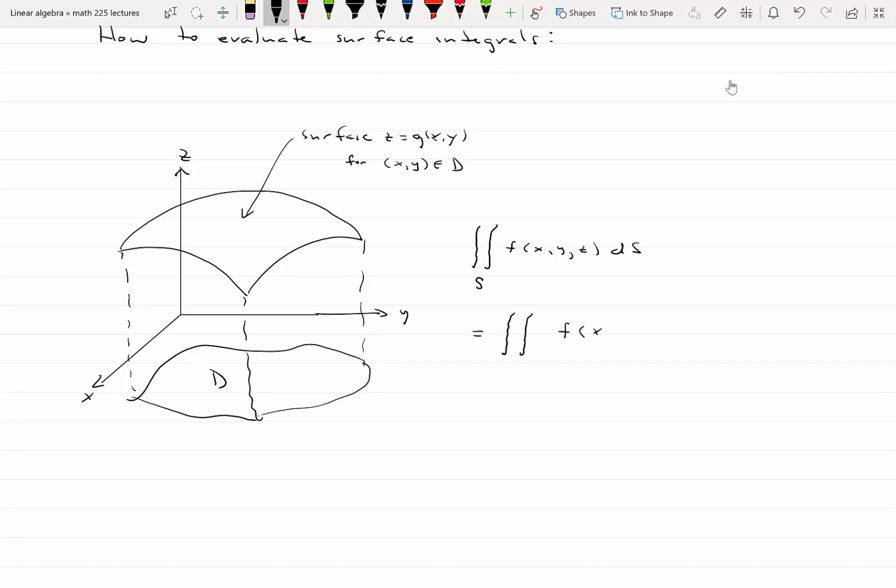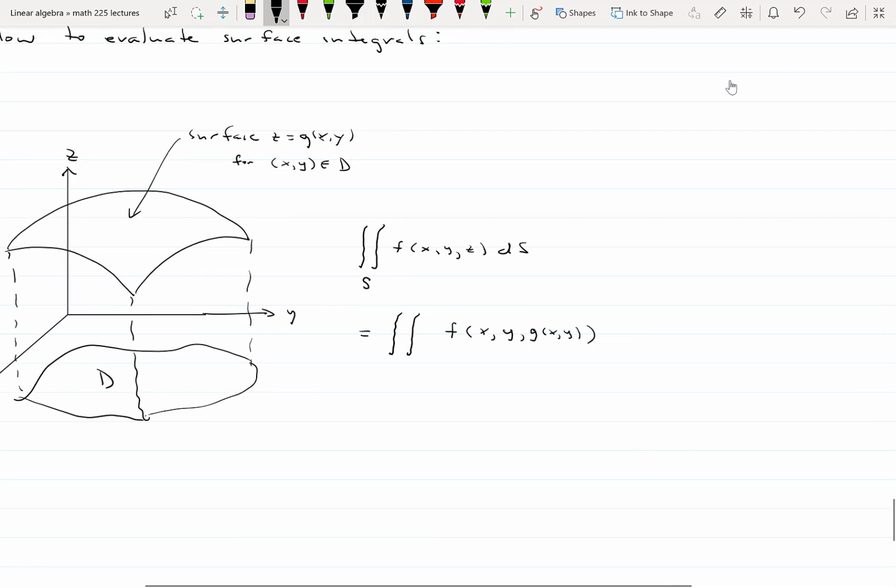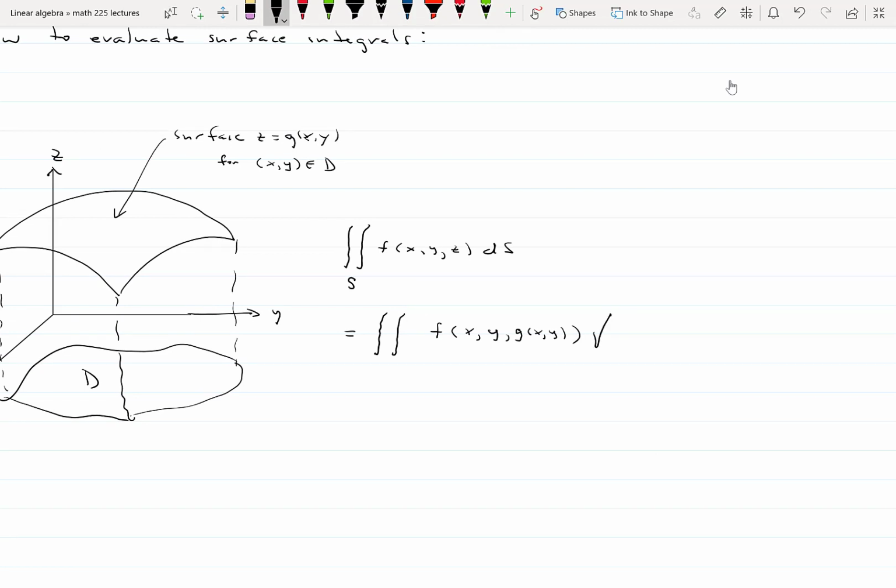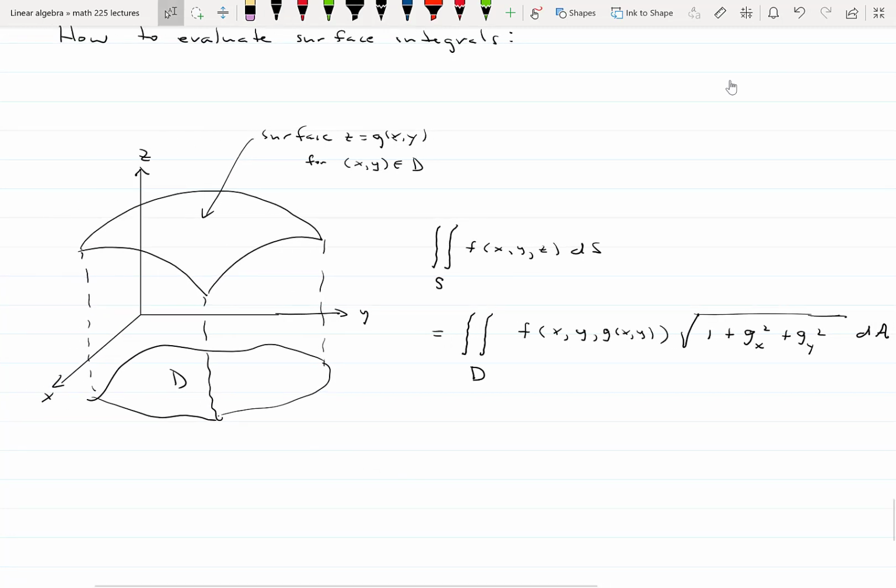So f of x, y, z becomes f of x, y, g of x, y, but dS is the square root of 1 plus, remember what it was, g sub x squared plus g sub y squared dA. And we evaluate this as a double integral over the region D in the xy plane.